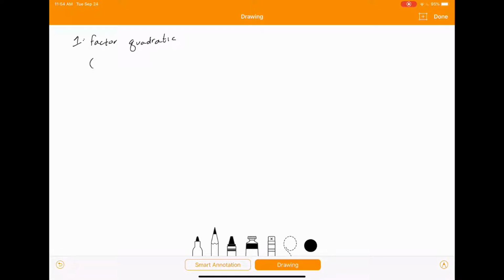So it'll be in the form of x plus some number d times x plus some number e equals 0. So then you're going to solve. So that's going to be y equals these, right?